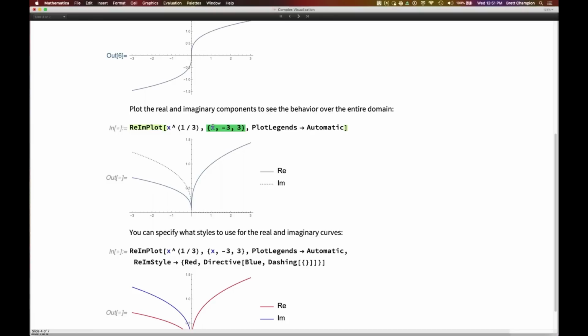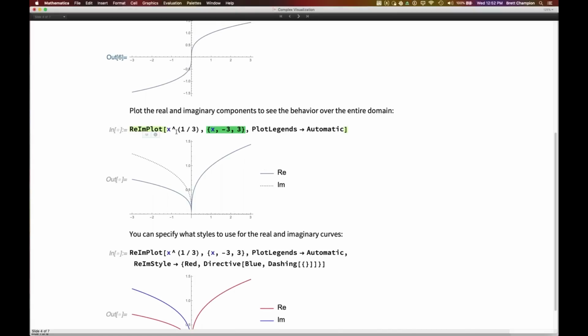Quite frequently you have a parameter space that is real valued, but the functions you're using may be complex valued for part of that domain. If we do reimplot of this function, we get two curves. We get this solid line, which is the real part, and a dashed line, which continues along the positive x-axis here, which is the imaginary part.